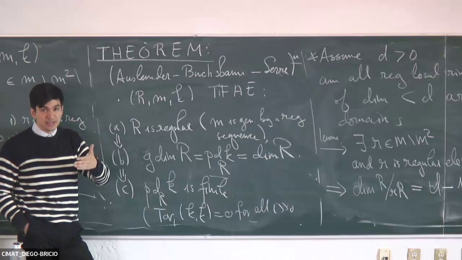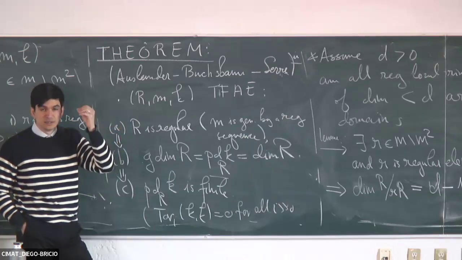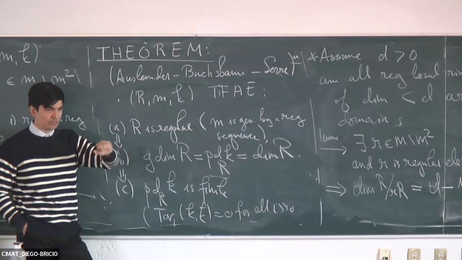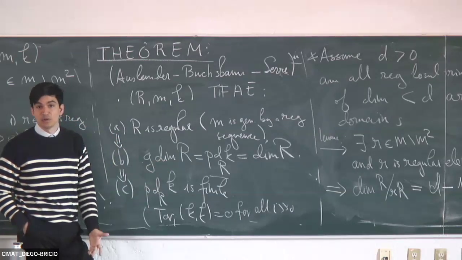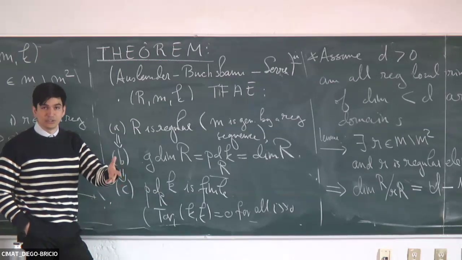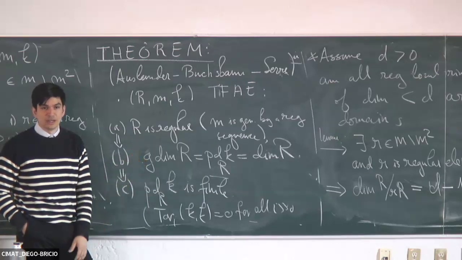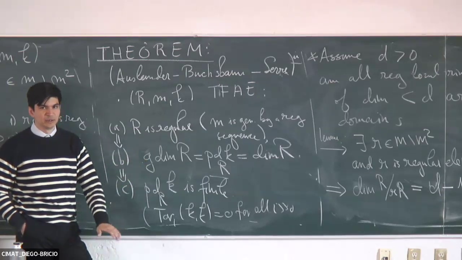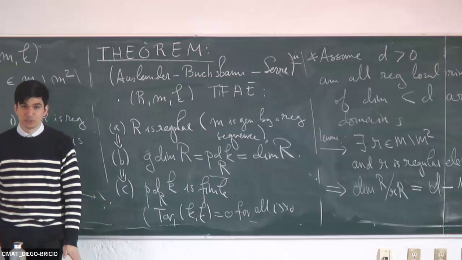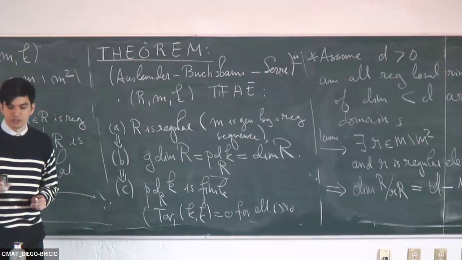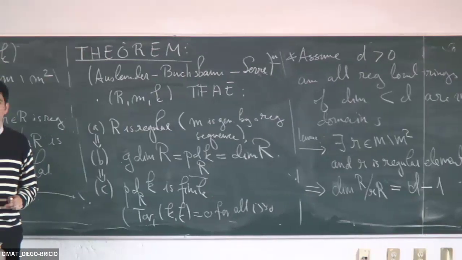So actually, you could say, and some people do that, that an arbitrary ring, it doesn't have to be Noetherian, it doesn't have to be local, is regular if and only if it has finite global dimension. And that's actually Serre's definition of regular ring in general. I know there are still some debates going on, but I'm not so familiar with what the debates are, but it's very compelling to me that that's a good definition of regularity in absolute generality. Actually, that's what we're going to do in a second. So I'm getting ahead of myself.